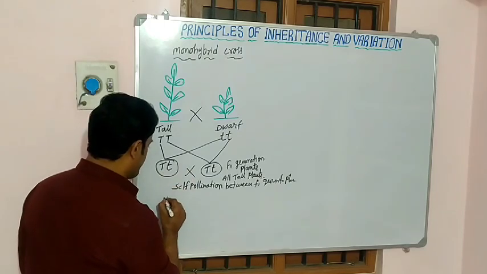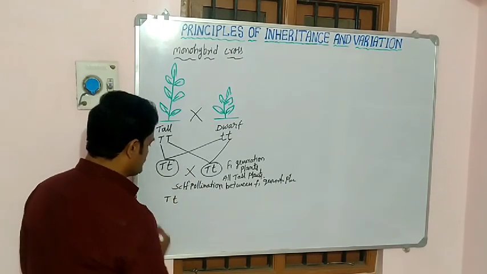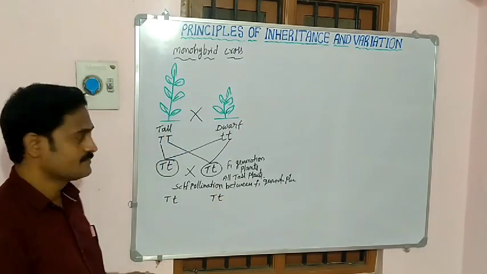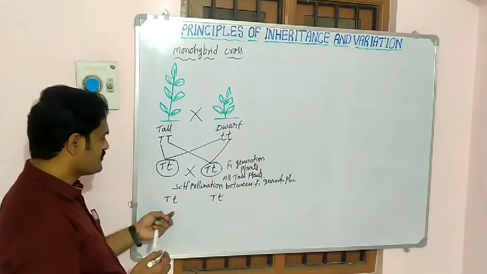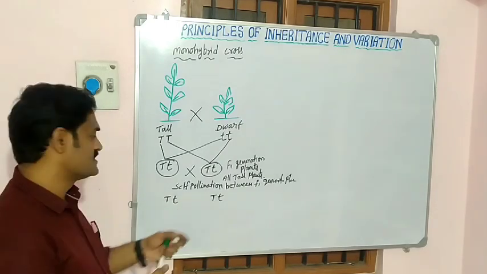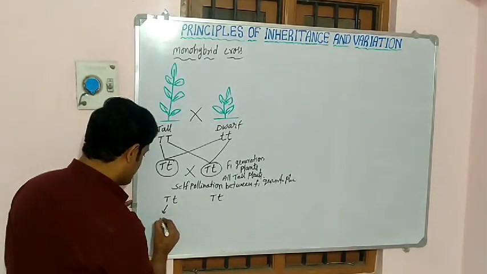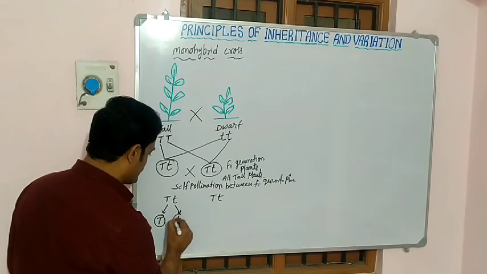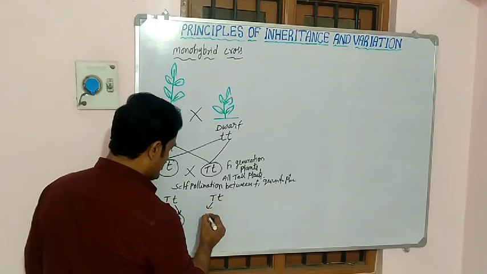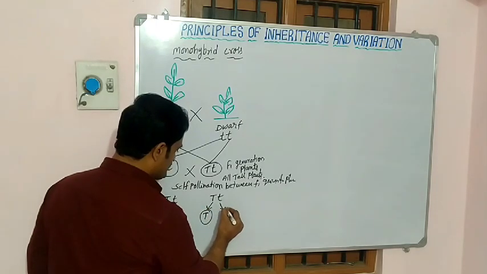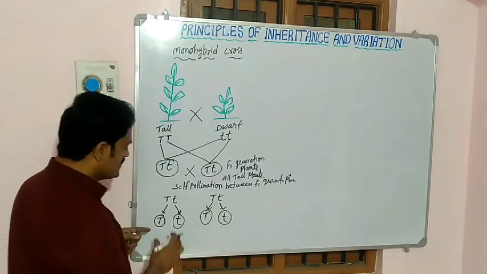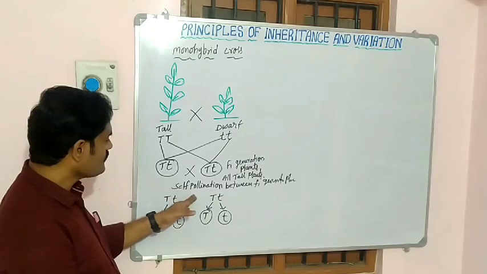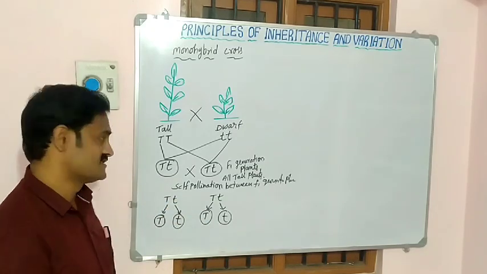This is capital T, small t. This is one plant. Here also capital T, small t. This is another plant. What kind of gametes are produced from these plants? Here a capital T, one gamete, a small t, one gamete. From the other, capital T, one gamete, and small t also one gamete. So these are the four gametes produced from the F1 generation plants.